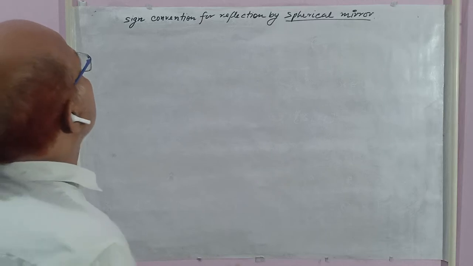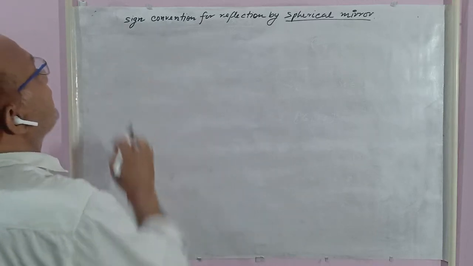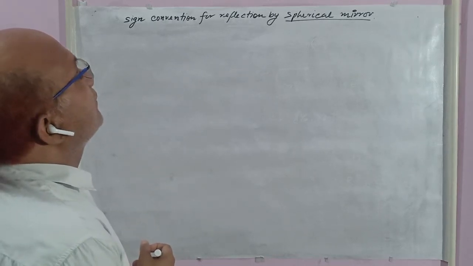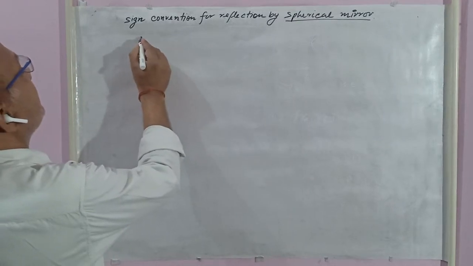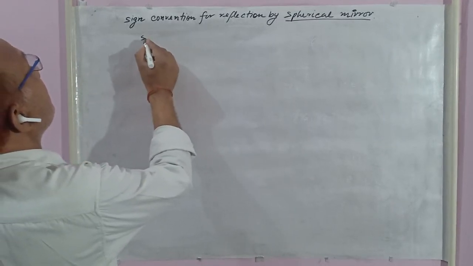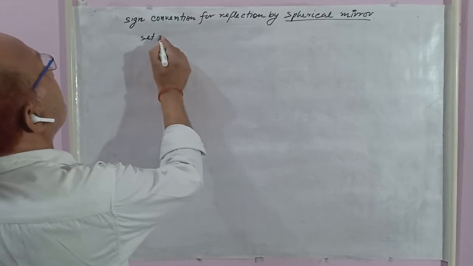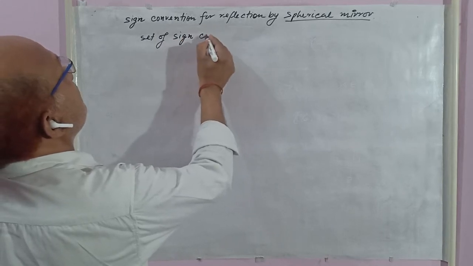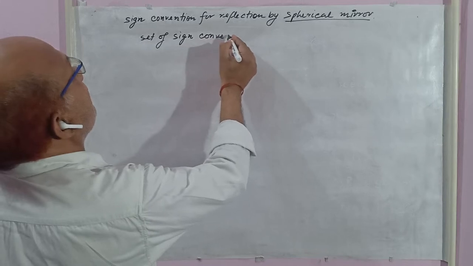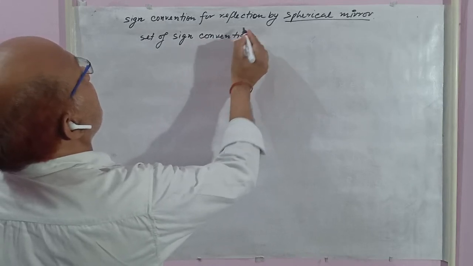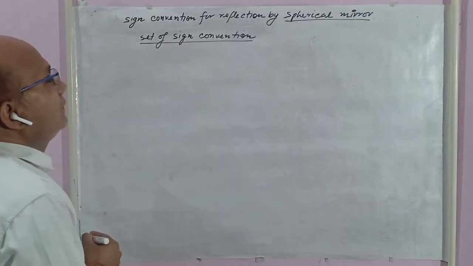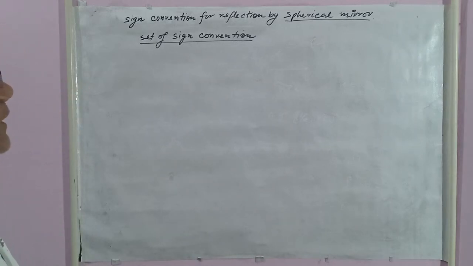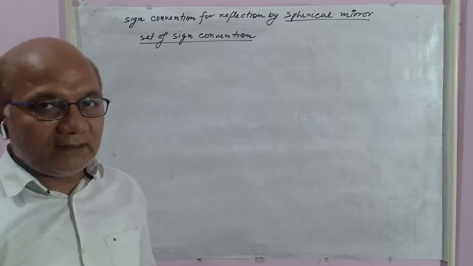What is sign convention? When we deal with the reflection of light by spherical mirror, we follow a set of sign conventions, a set of sign conventions to deal with problems related to reflection by spherical mirror.